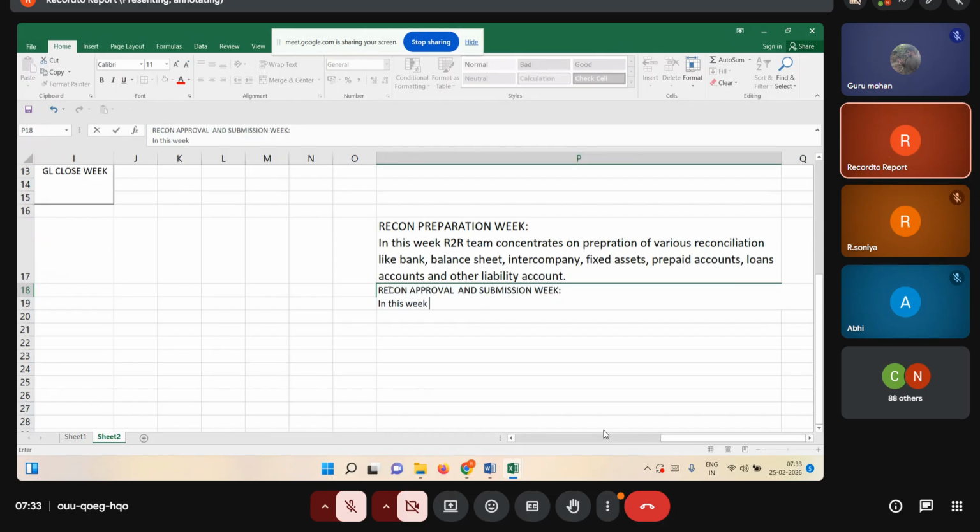In this week, the R2R team concentrates on preparation of pending reconciliations, getting the approvals, and submitting all the reconciliations.